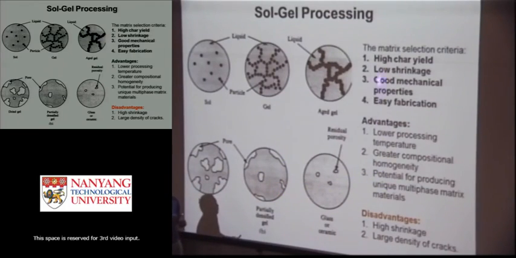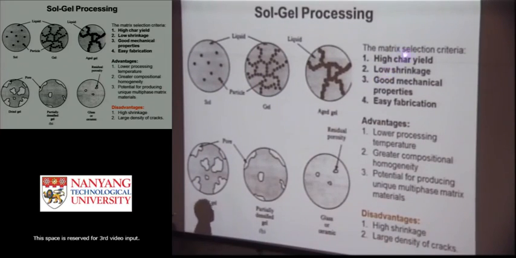Okay, so one thing is how to select the materials, and we have four conditions here. One is a high yield. That means we have this starting material, you add water, and all this matrix should be completely converted to the metal oxide.